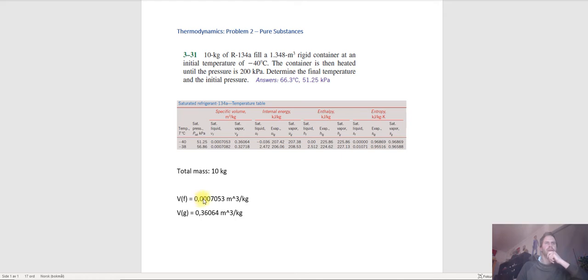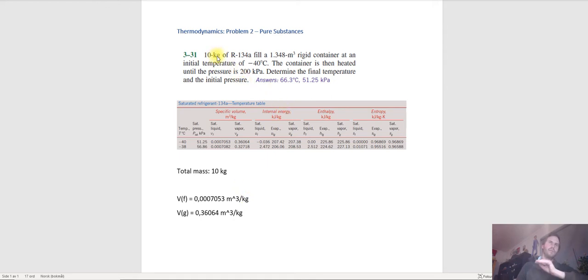As you can see, it's not filled with liquid, that's for sure. If the container, 1.348 cubic meters, were filled up completely with liquid, it would be like 2,000 kilos.